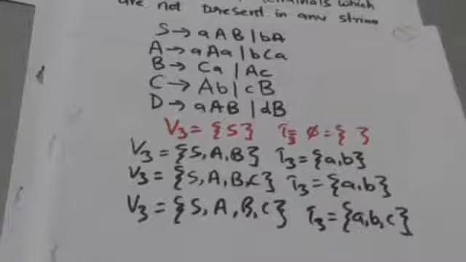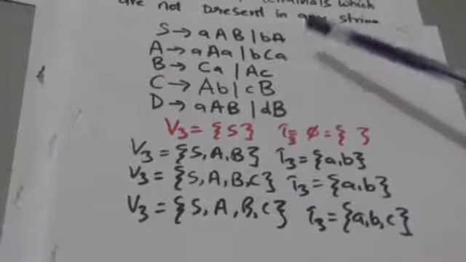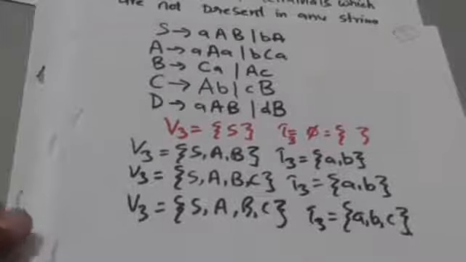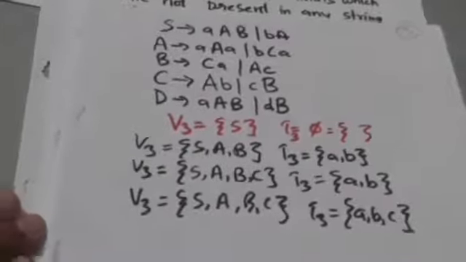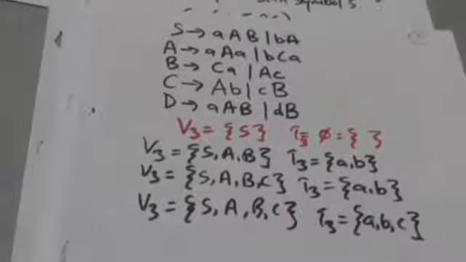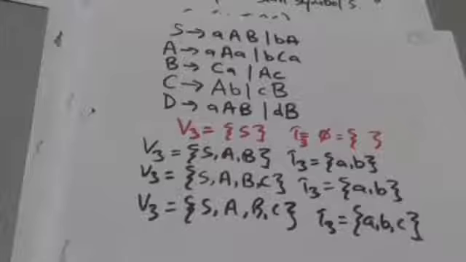Suppose there is a grammar G whose productions are given here. Now we have to remove those variables and terminals from this grammar which are not present in any string derivable from start symbol S, and we have to remove those productions also which involve such variables and terminals.